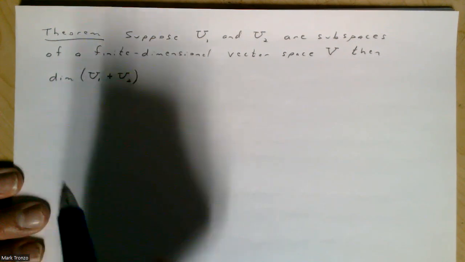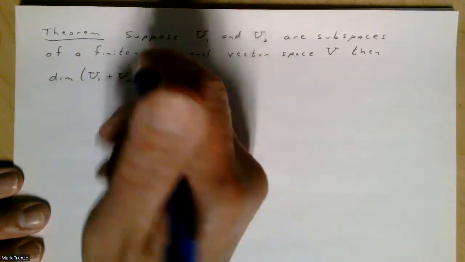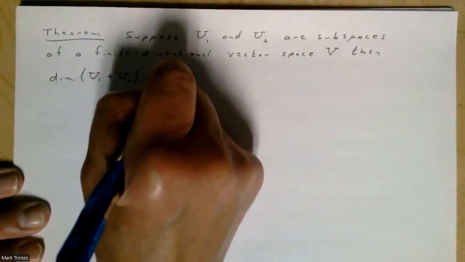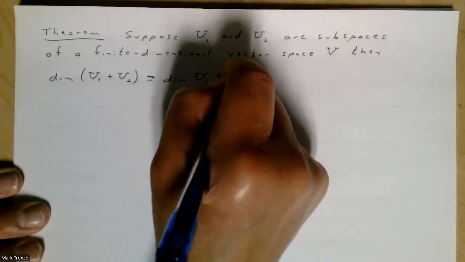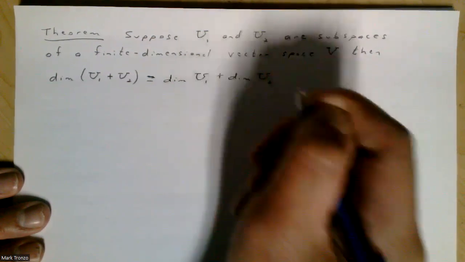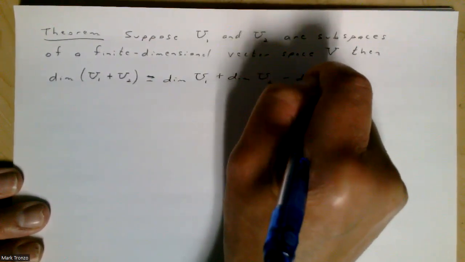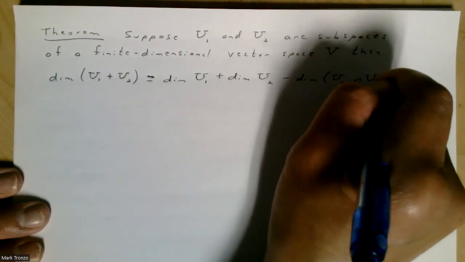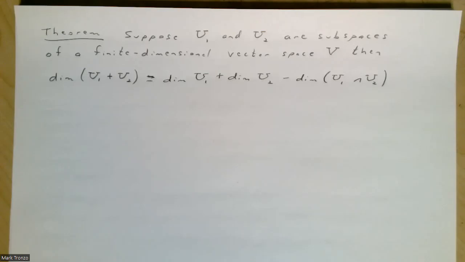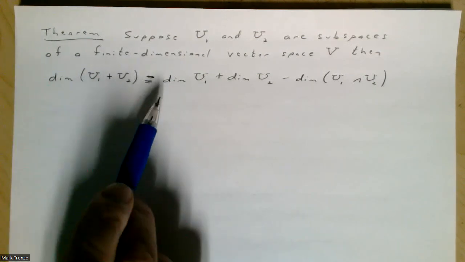The dimension of this addition will be equal to the dimension of U1 plus the dimension of U2 minus the dimension of that intersection.